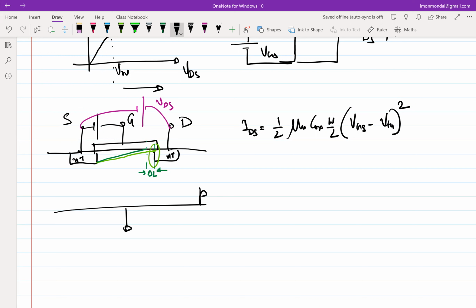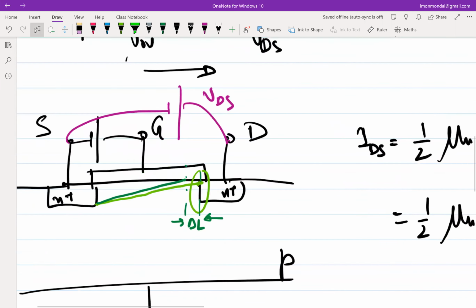So the simplest approximation of this effect is, I will assume that my new channel is W by L minus delta L, not L. This is the electrical length of the channel now, not the physical length of the channel.